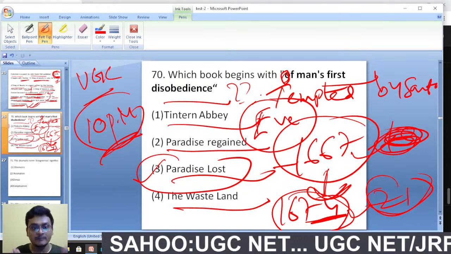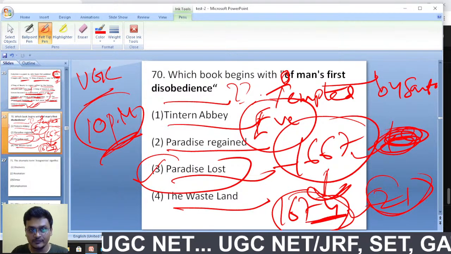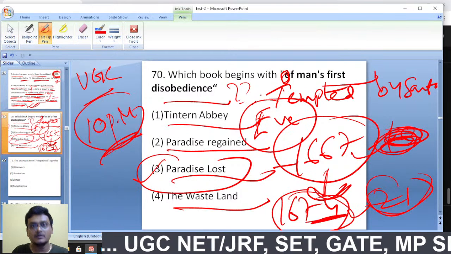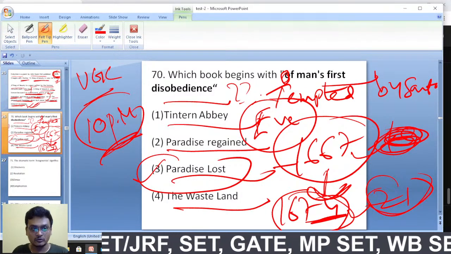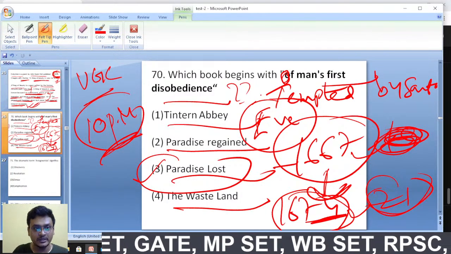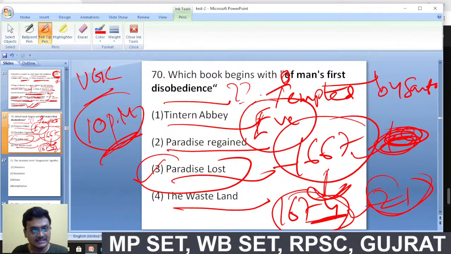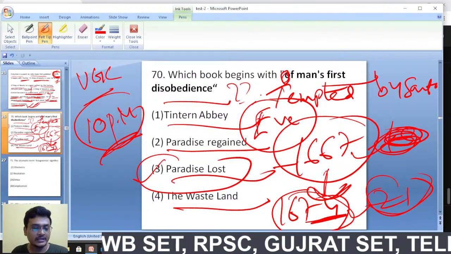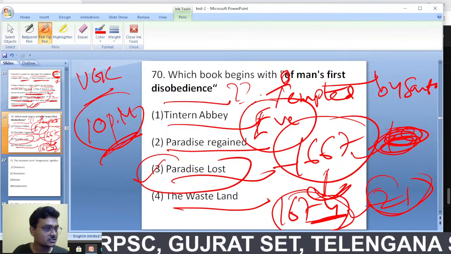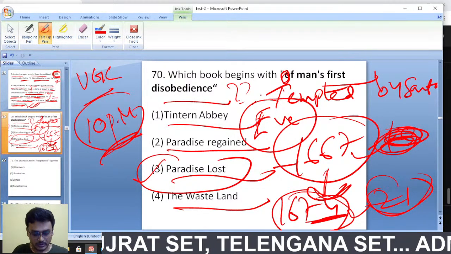After eating that forbidden fruit, Eve told Adam, and after listening to that, even Adam also ate.